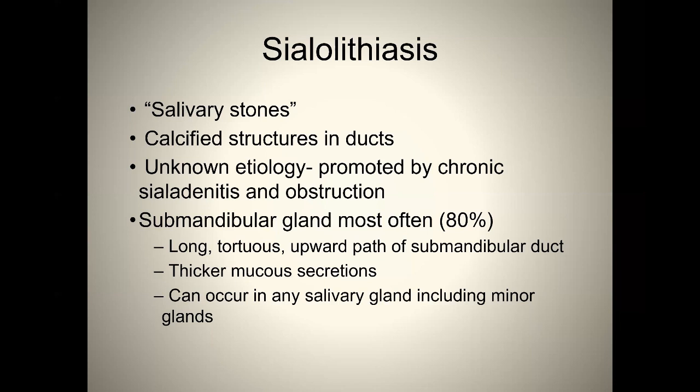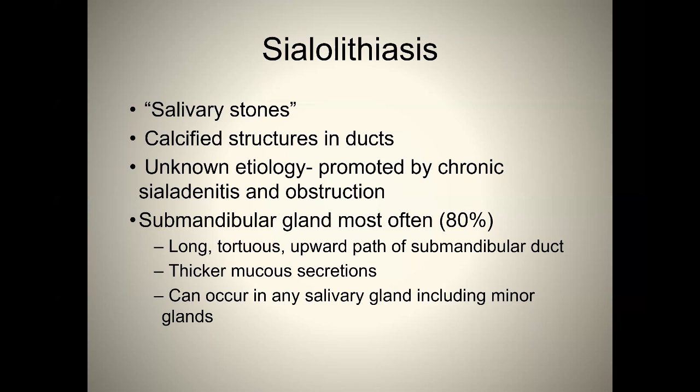The submandibular gland is the most common place to see a sialolith. 80% of sialoliths occur in the submandibular duct. And that's because if you think about the anatomy, the submandibular gland is below the angle of the mandible, and its opening is in the floor of the mouth.